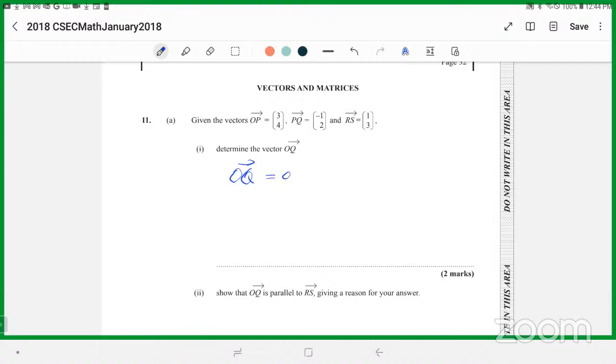I can go from O to P first, and then go from P to Q. So you go from O to P with that, you go from P to Q with that, and get the OQ that way. 3, 4, and minus 1, 2. And so the answer is 3 and minus 1 is 2. 4 and 2 is 6. And so OQ is 2, 6.